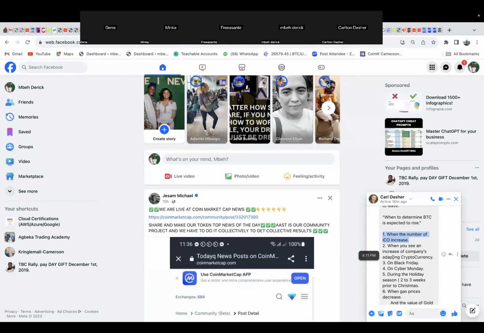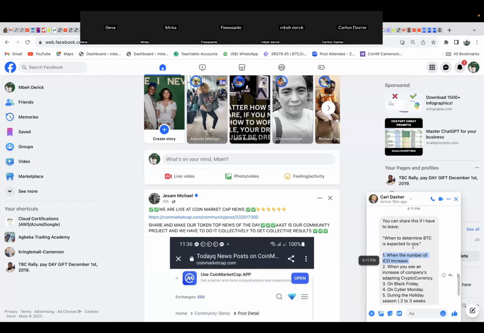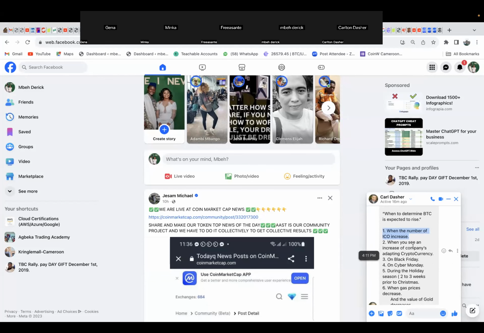Number 2 is when you see an increase of companies adopting cryptocurrency. All right, that's another one. I remember when I first came into crypto, there were 140 financial institutions that were involved. There were about 221 different cryptos from different organizations and finance companies.